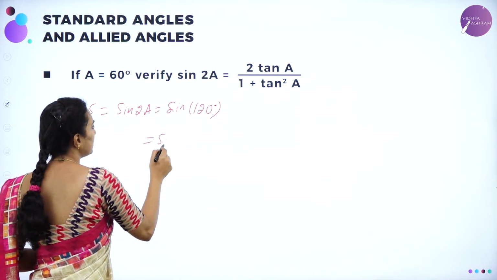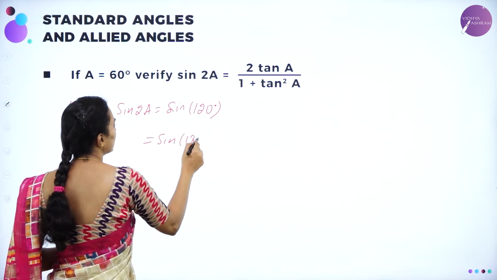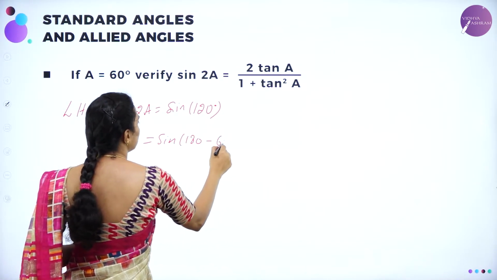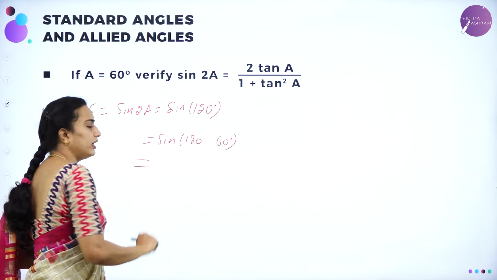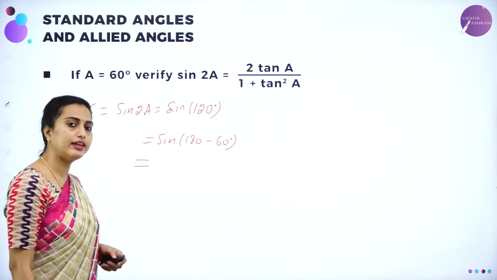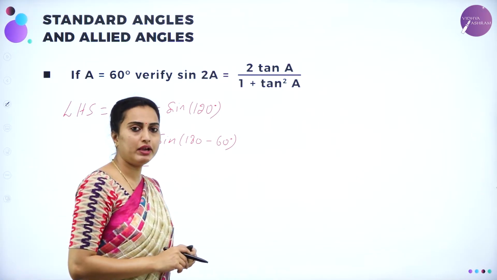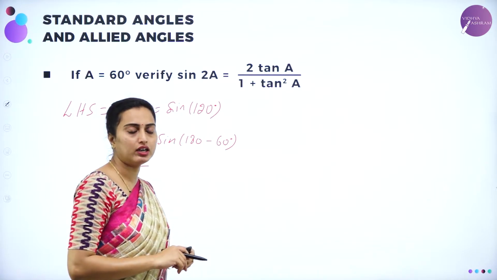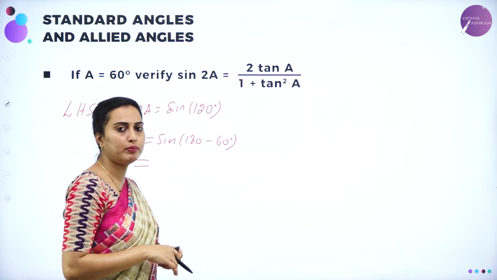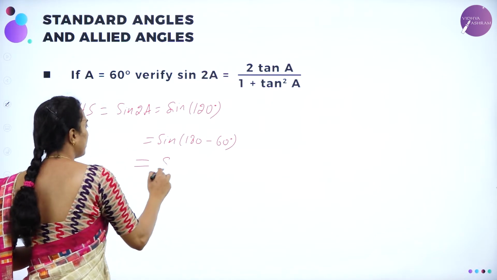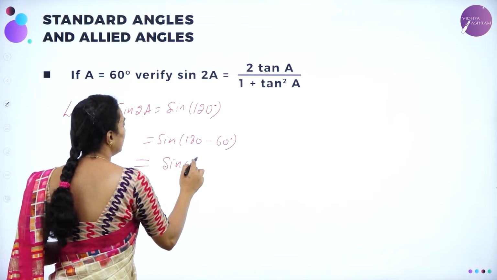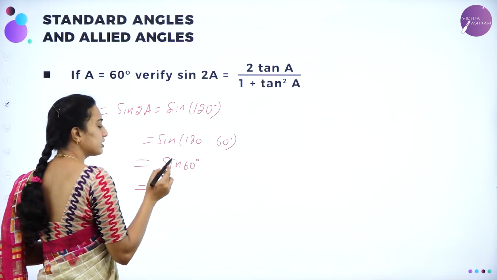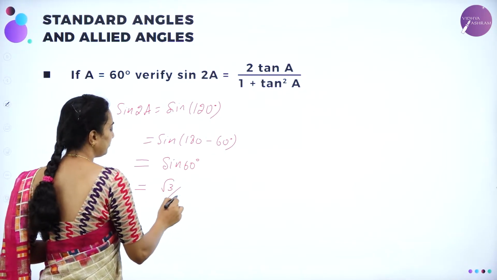Now here also I am taking sine of 180 minus theta, which is 60 degree. You know sine of 180 minus theta is nothing but sine theta only, because 180 minus theta falls in the second quadrant. So that is sine 60 degree, and you know sine 60 degree value is nothing but root 3 by 2.